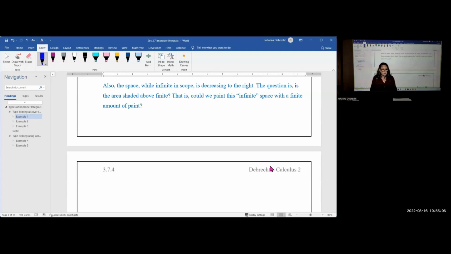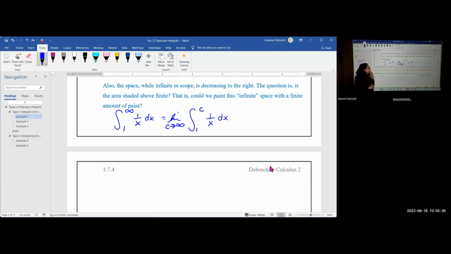Okay, so let's go ahead and write down what our integral would be. So we have the integral from 1 to infinity of 1 over x dx. Now we know that we want to replace the infinity with a dummy variable, which I'm going to call c, and then I have 1 over x dx, and then I have to take the limit as c approaches the limit of integration that was improper, which is infinity.